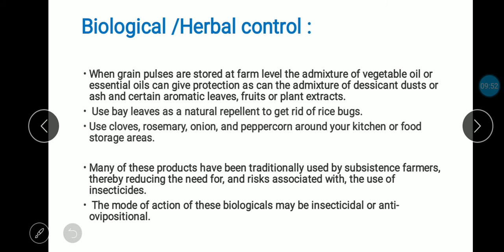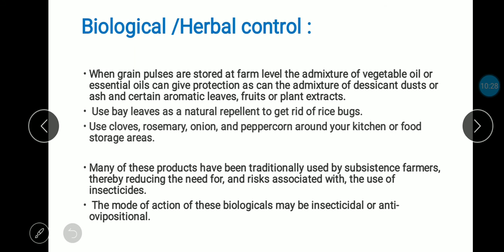There are several biological methods also. When grain pulses are stored at farm level, the admixture of vegetable oil or essential oils can give protection, as can the admixture of desiccant dust or ash, and certain aromatic leaves, fruits or plant extracts are useful. Use bay leaves as a natural repellent to get rid of rice bugs.